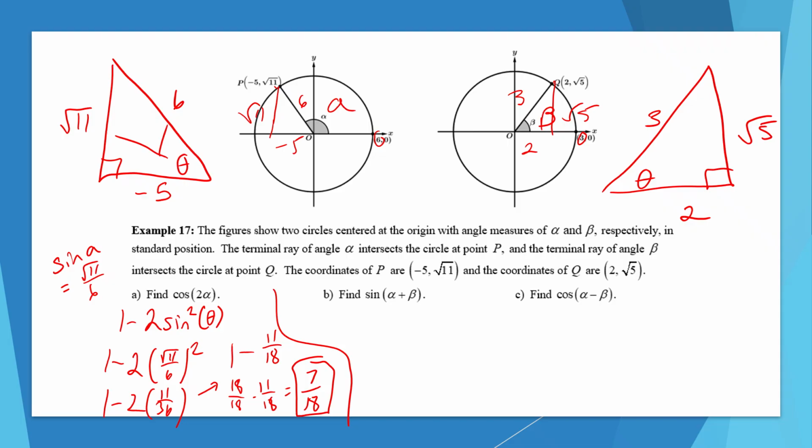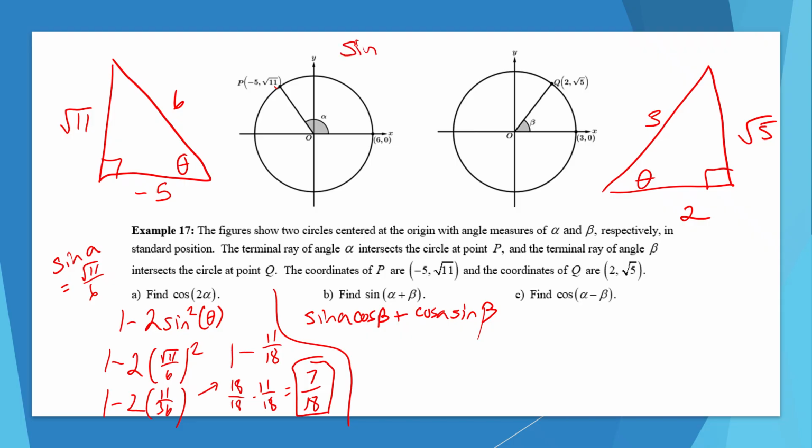All right. For part B, we have sine of A plus B. Doing this, we need to find sine A cosine B plus cosine A sine B. So the first thing I'm probably going to do is just find sine and cosine of each of these angles and label them so that I can just plug them directly into the equation. So here we know sine of A is root 11 over 6.